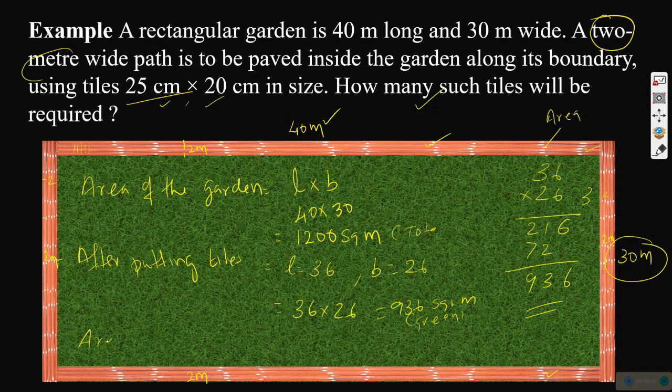So the area paved by tiles, how will we get that? We will find out the difference. That means 1200 square meter minus 936 square meter. So we will subtract 936 from 1200. 264. Okay.